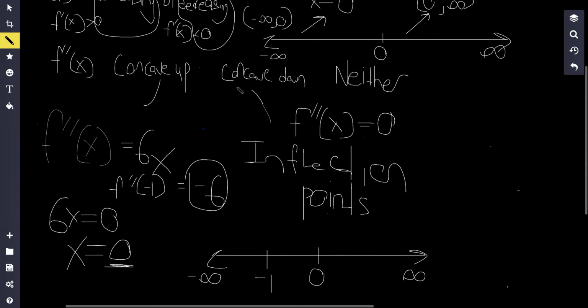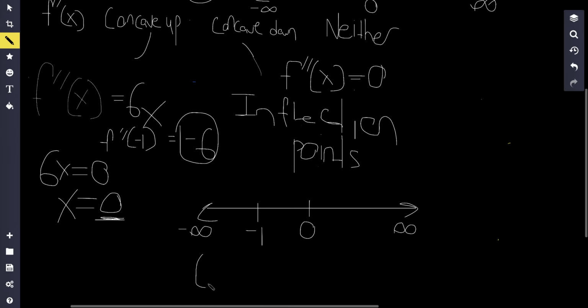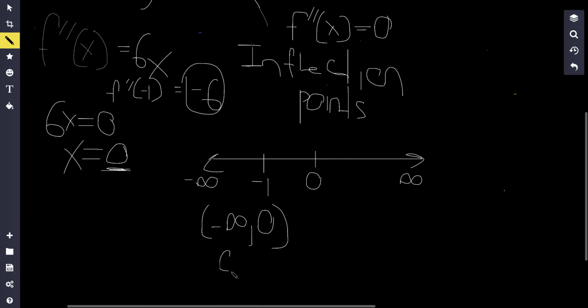And I said when your second derivative is negative, your function is concave down, because the slope of your line is constantly decreasing. The slope of the slope is getting more and more negative as x increases. So from -infinity to 0, not including 0, that tells me our function is concave down.